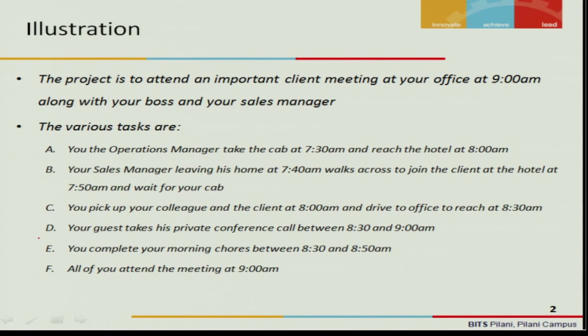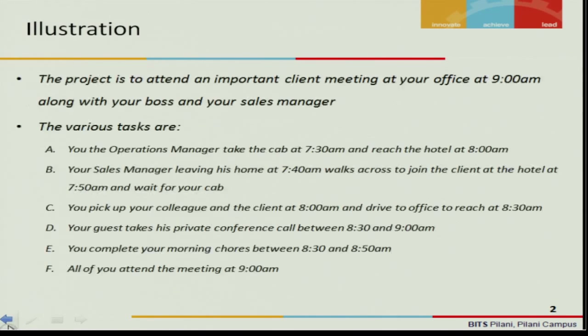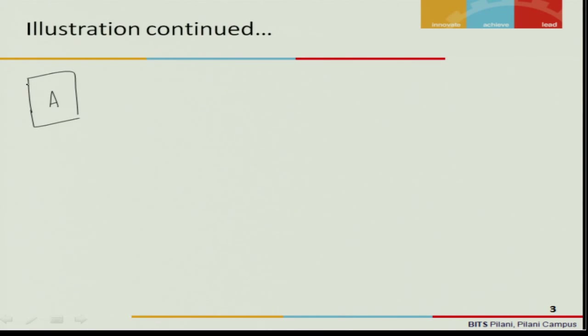Before we get into a network diagram and things like that, let me explain the whole situation, the set of activities, using a simple diagram. Say here you are. You start from your home, that is activity A, and drive down to the hotel. At what time do you start from home? You start at 7:30, and travel for 30 minutes to reach the hotel at 8 o'clock.